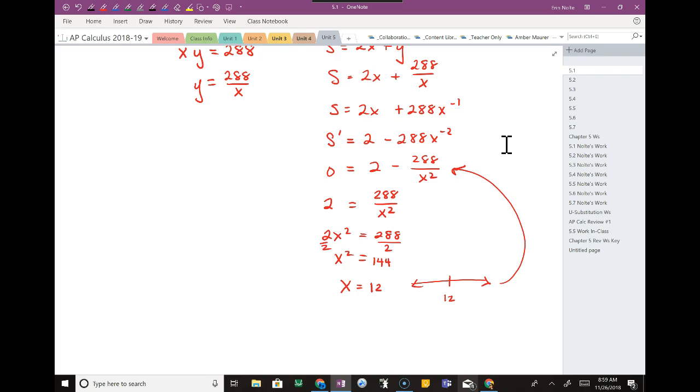You have to use like 1. 1 would be the easiest, because 0 is an undefined value. You can't have x in the bottom. Then it would just be 2 minus 288, so that would be negative. If I plug like 13 in, now I'm getting a positive. So this is going to go down and up. So now I can see that this is, in fact, a min value.